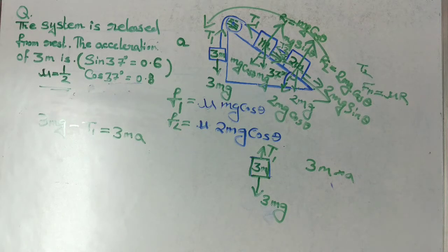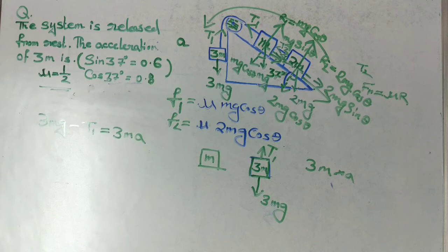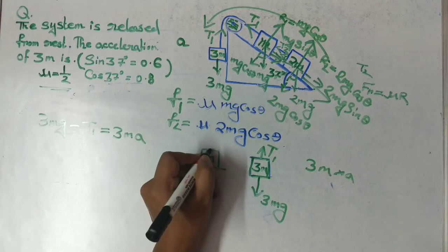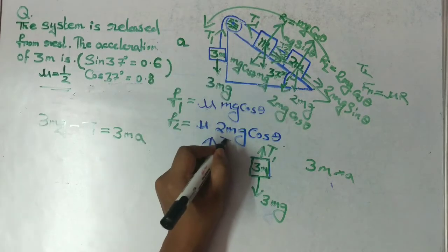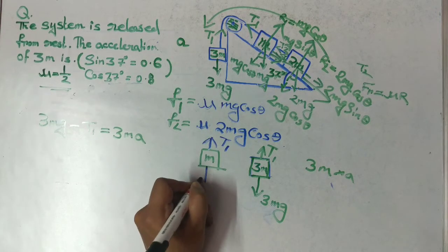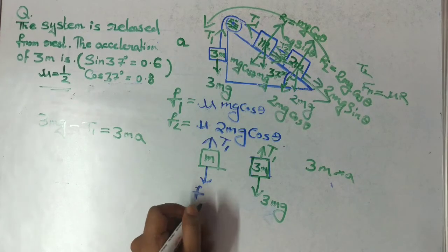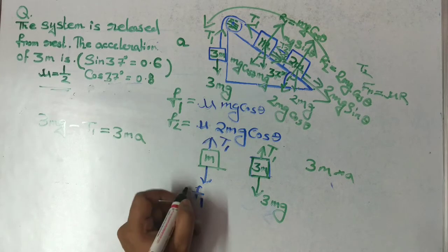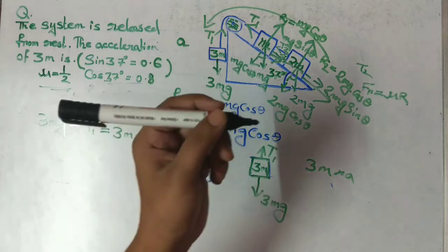Okay, now I will draw the mass m here. For this mass, we can see the tension force in this direction, T1, and in the downward direction, the forces working are the frictional force F1, and also T2.